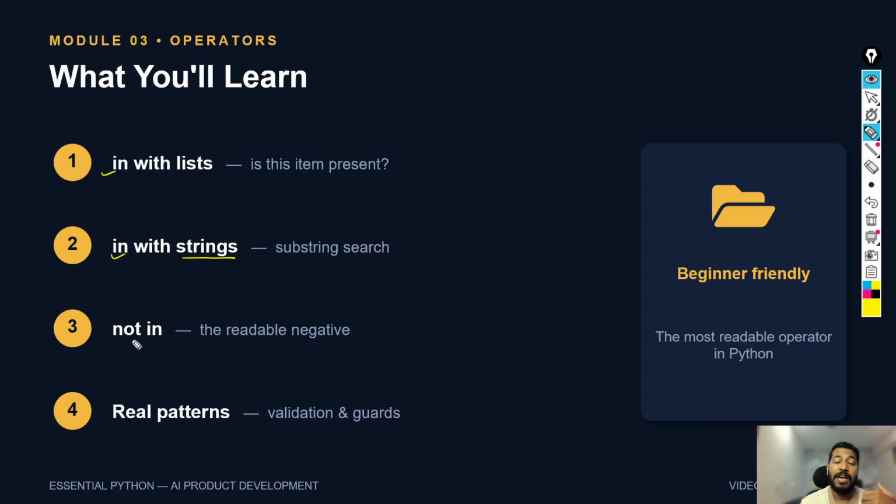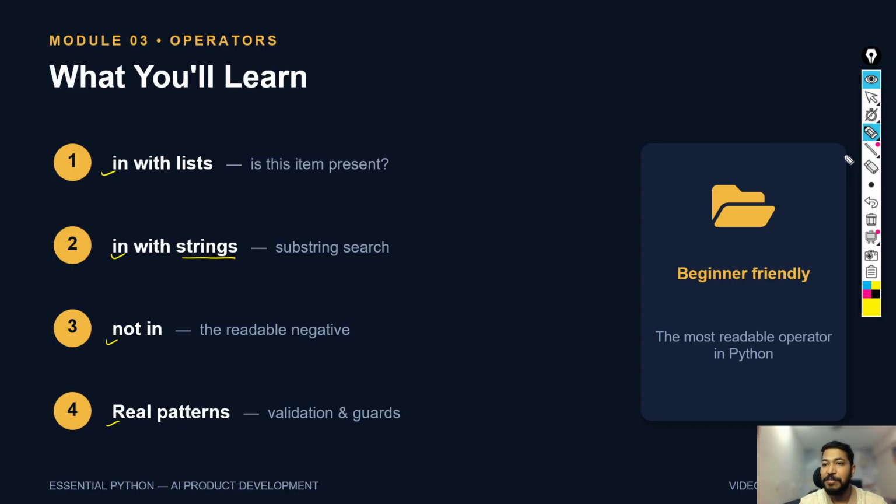I will also walk you through some live examples through which you will understand the negation behavior of the in operator, followed by some real patterns: how can we validate that a given item is part of the list or string or not, and how can we guard a given code snippet by putting that conditional expression along with the if statement. That is something we are going to learn as part of today's session.